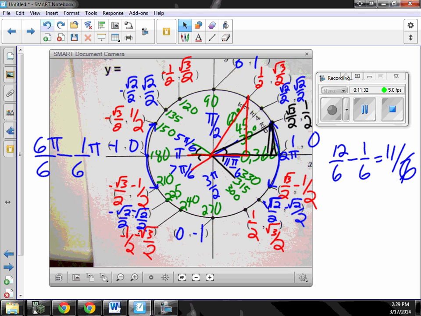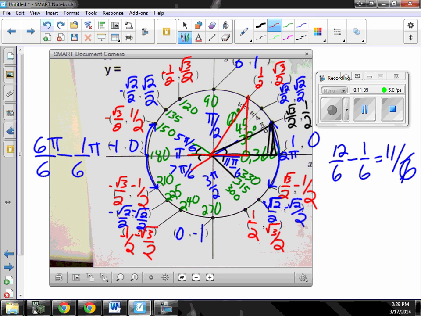All right. Well, the nice thing about the unit circle is we pick a random triangle. Let's pick this one here. The reference angle is 60 degrees, and the hypotenuse is 1, and that's the key. The hypotenuse is 1. So the sine of 60 degrees is just the y value.